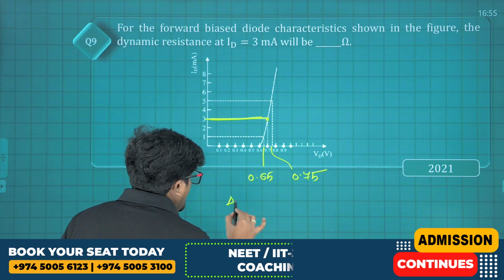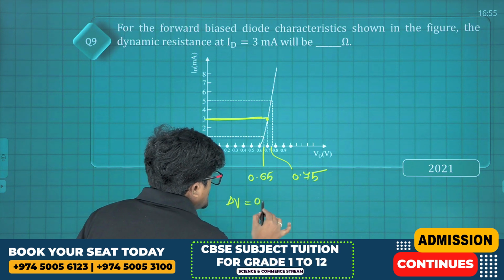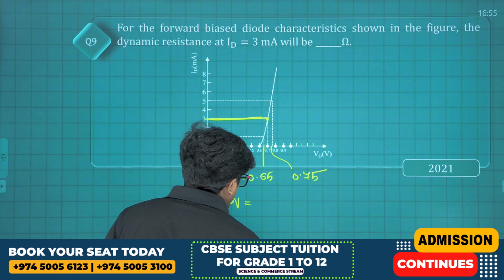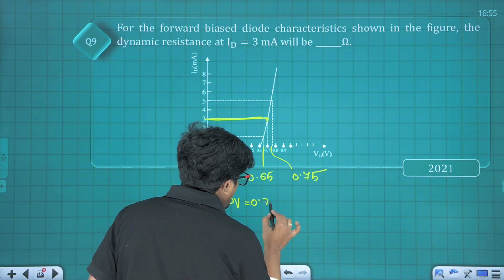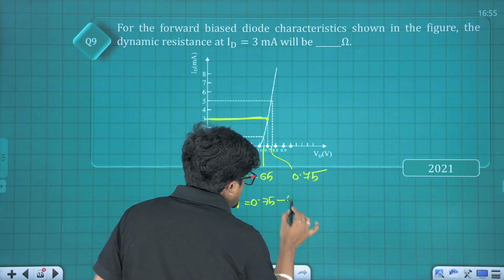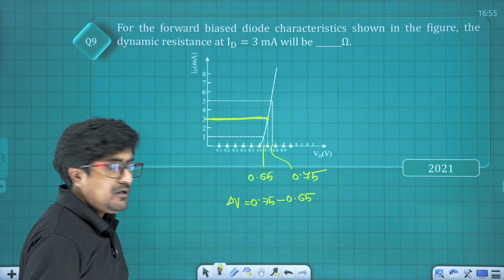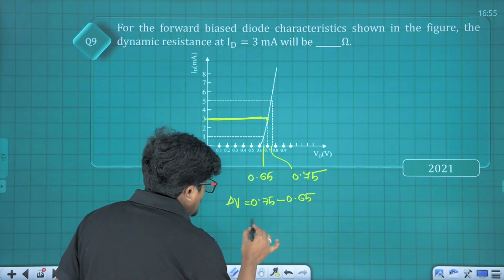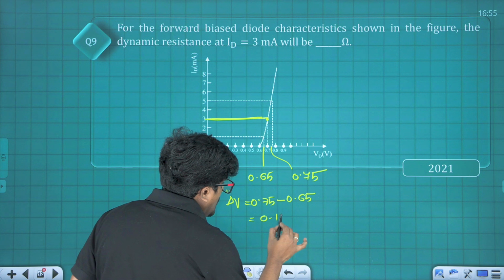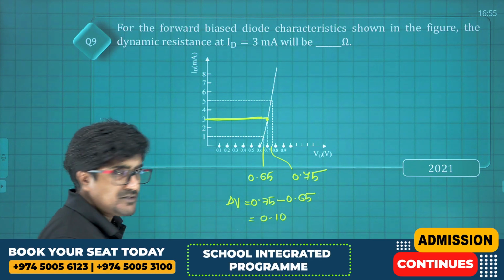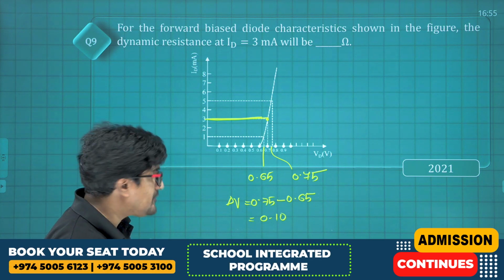So delta V is equal to 0.75 minus 0.65. Basically, this is equal to 0.1, isn't it? Yes.